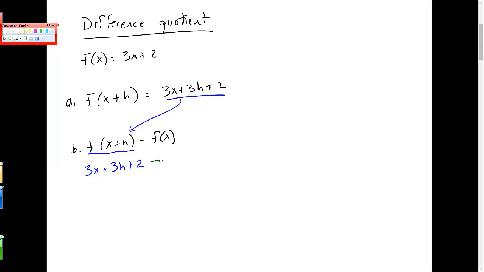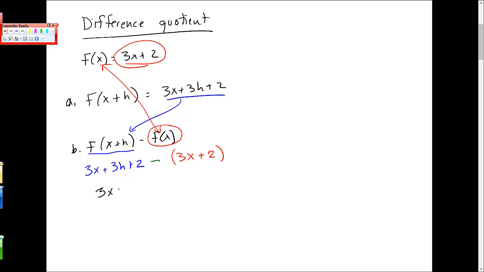Then I have minus, and I actually have up here a definition of what f of x is. You see that? That says what f of x is. So I can replace that with 3x + 2. I suggest you put this second part in parentheses because there's always a minus here, and you always have to distribute the minus sign.